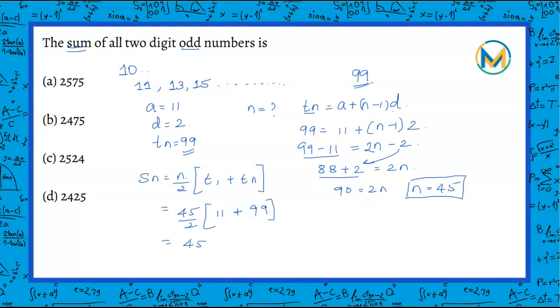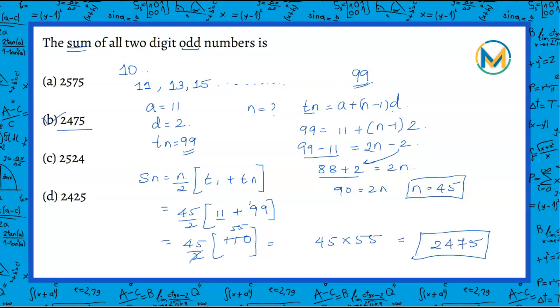So this becomes 110. So we have 45 into 55. When I solve this further, I get the answer as 2475. That's option number B, 2475.